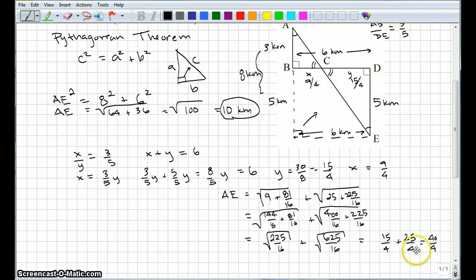You see we get the same thing we got before, 10 kilometers. Whew, that was a lot more work though, a lot more computation. So consider your options, and think outside the box, or whatever the figure is. All right, so there you go. There's the answer, 10 kilometers.